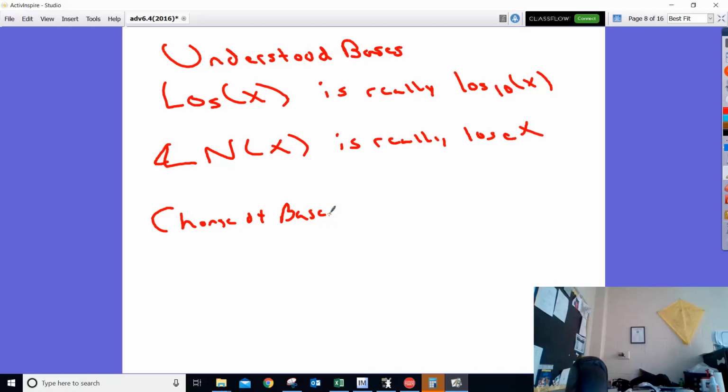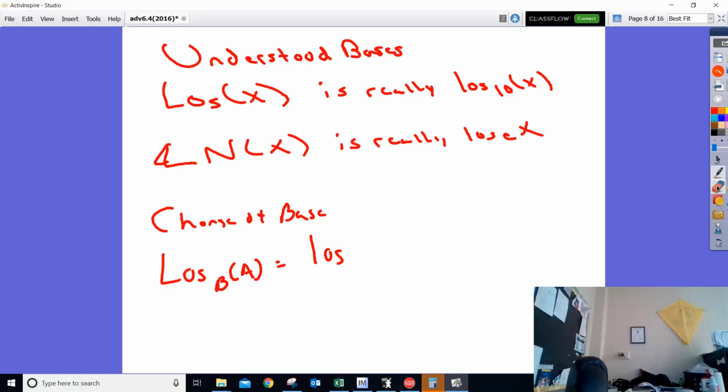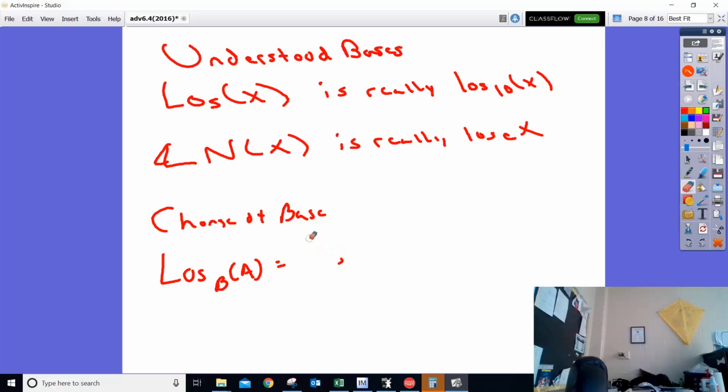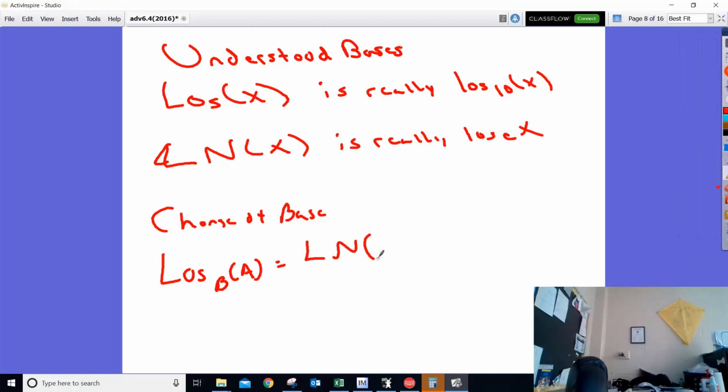The one that's most often used is this: a logarithm of base b, argument a, is the natural log of a over the natural log of b. That's what I like to use.